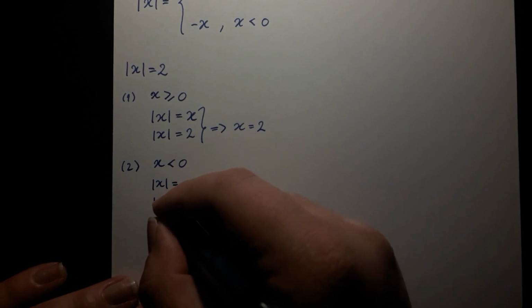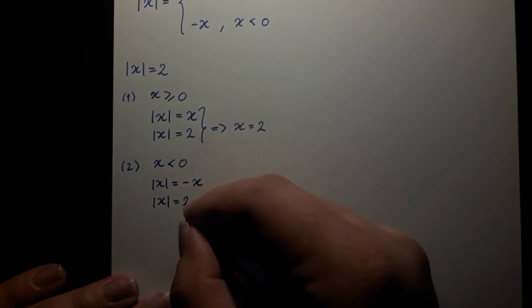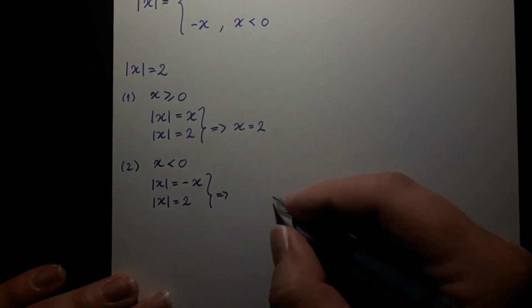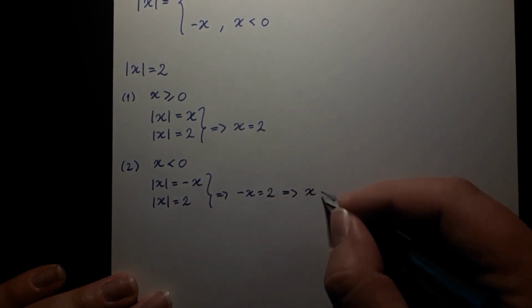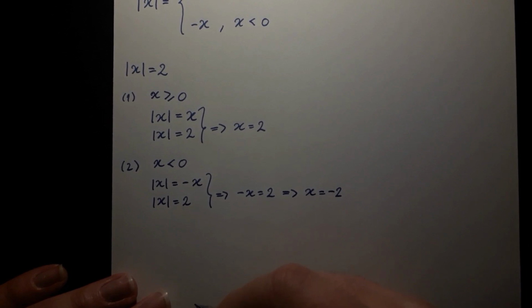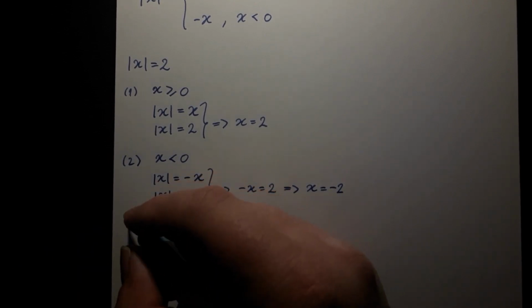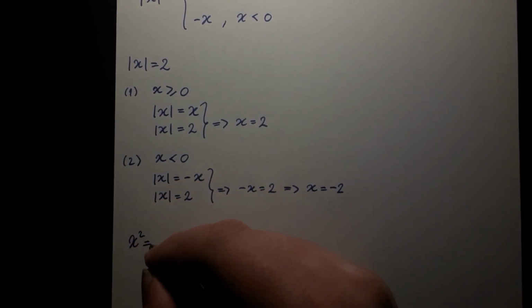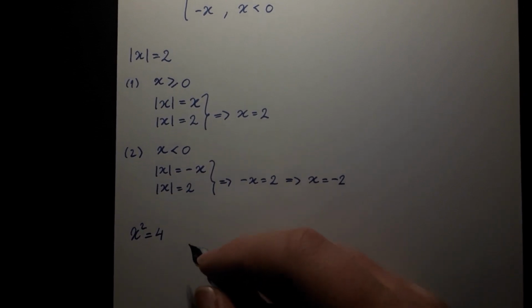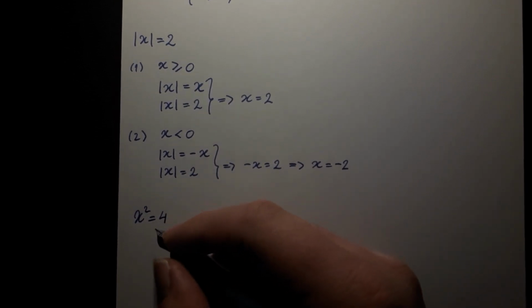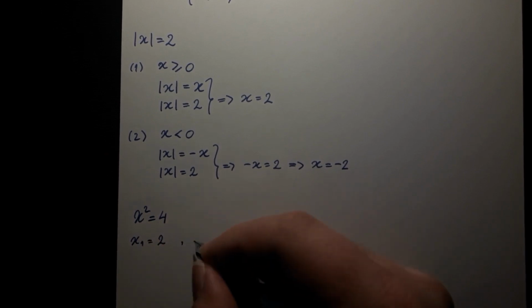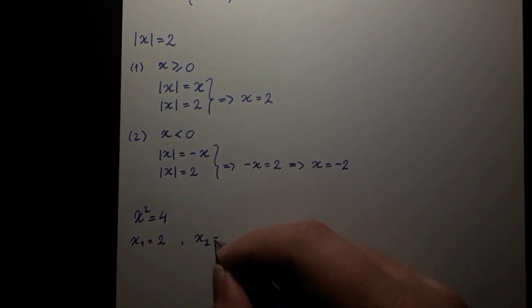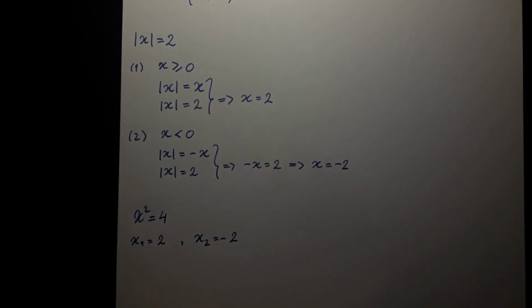In this case, from the absolute value of x being equal to 2, we get that negative x is equal to 2, and that means that x is equal to negative 2. This is where we get that the equation x squared is equal to 4 has two solutions: x1 is equal to 2, and the second solution x2 is equal to negative 2.